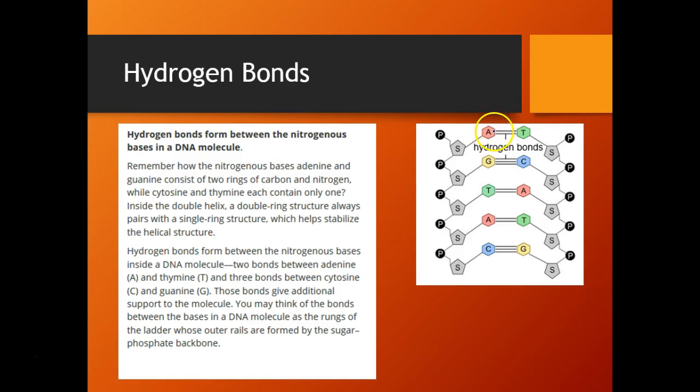So we know which bases actually pair up with each other. We know that A and T pair up and G and C pair up, but how exactly do they pair up with one another? Hydrogen bonds actually form between these bases in a DNA molecule.